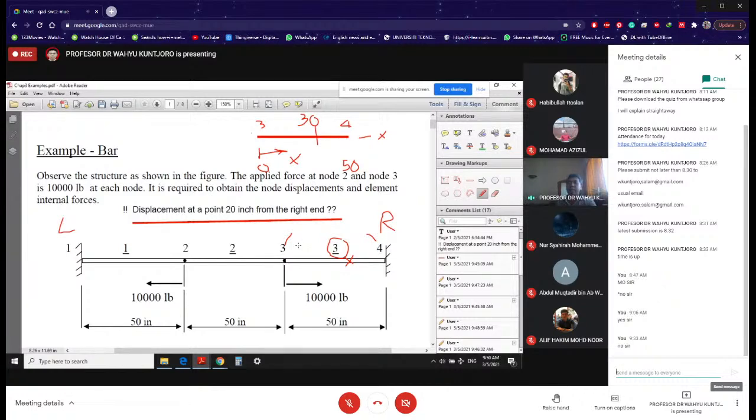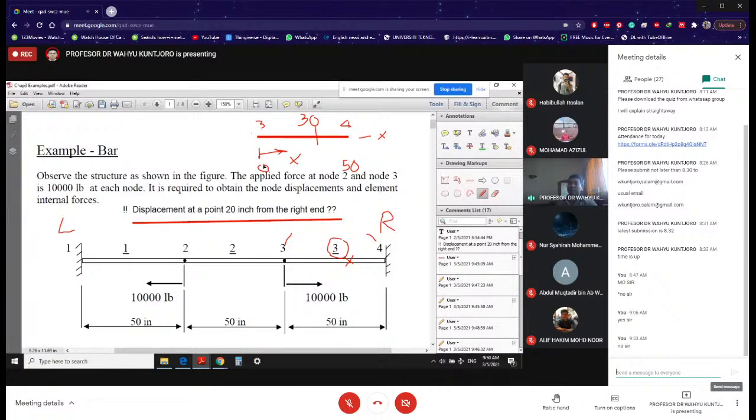Once you get the displacement at node 3 and also node 4, you are going to identify this location here. What is the value of x? The value of x is measured from the node at the beginning of that element, which is, of course, node number 3.